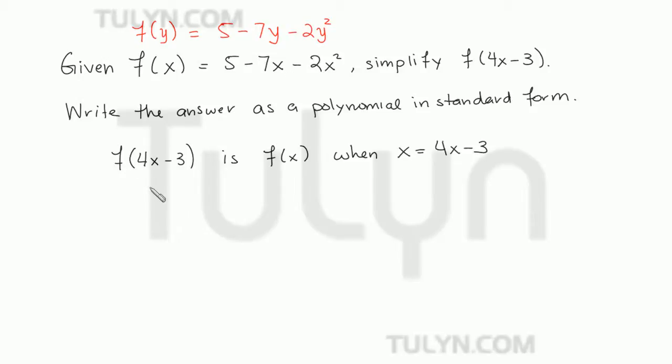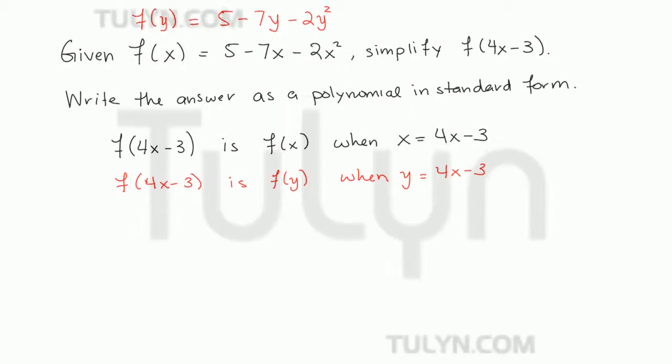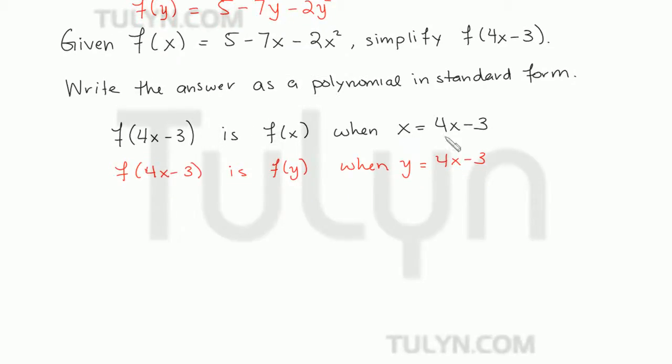So then you could actually evaluate it as f of 4x minus 3 is f of y when y is equal to 4x minus 3. Now this is just an idea for you to see what you have to do, which in this case is replace all the y's you see with 4x minus 3, which might be easier conceptually to see than replacing every x you see with 4x minus 3.